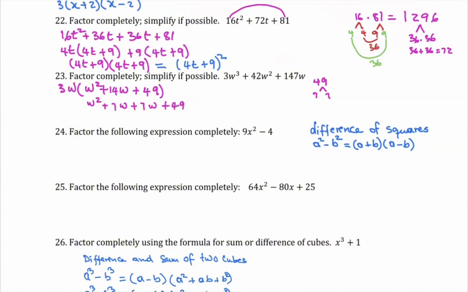Factor the GCF of the first group, W. That is W times W plus 7. The GCF of the second group is 7, times W plus 7. So then that's going to be W plus 7 times W plus 7, with the 3W. W plus 7 times W plus 7 is just W plus 7 squared. So that's 3W times W plus 7 squared.